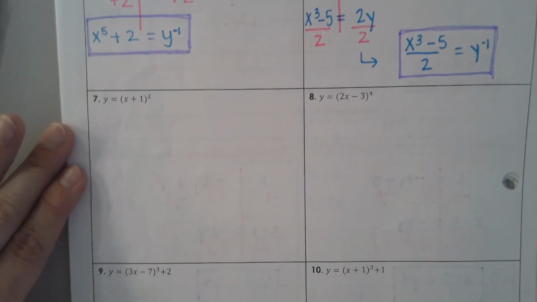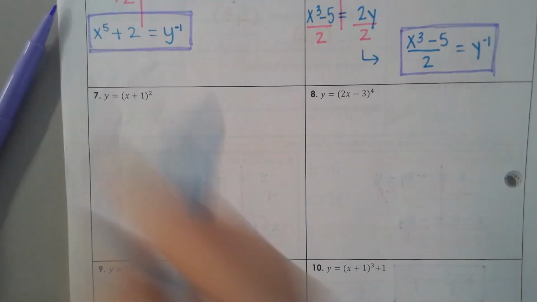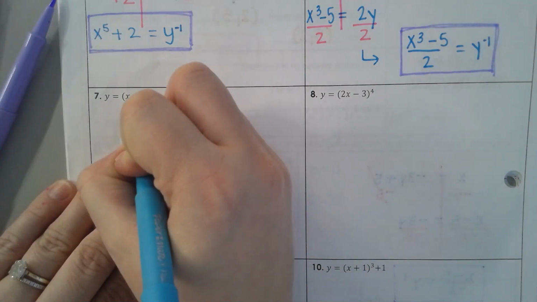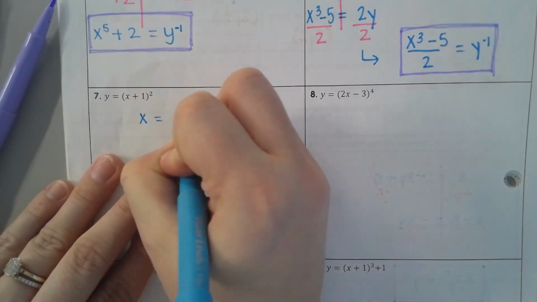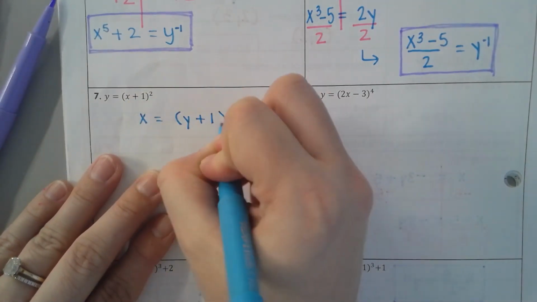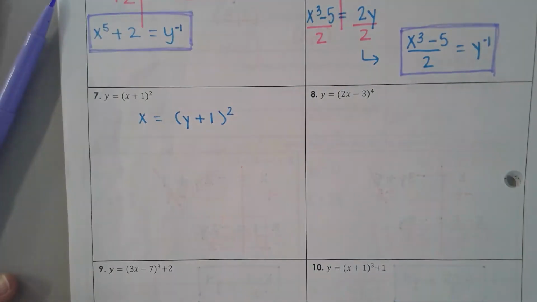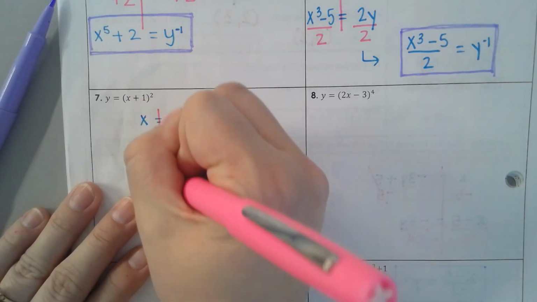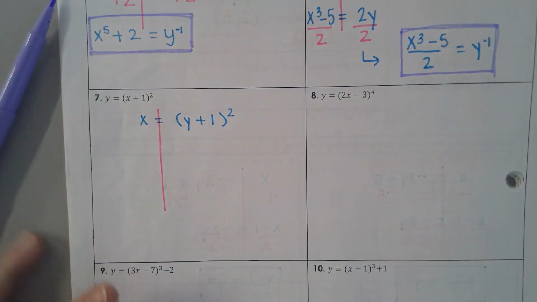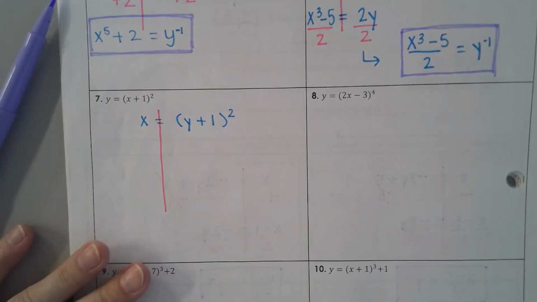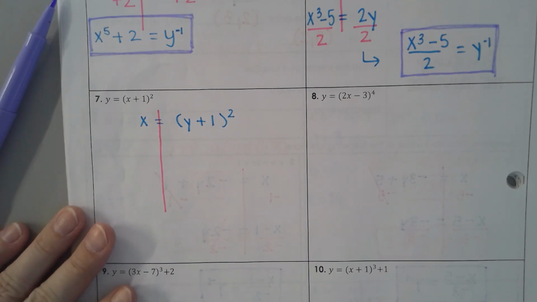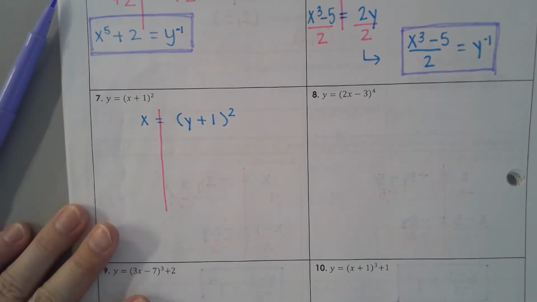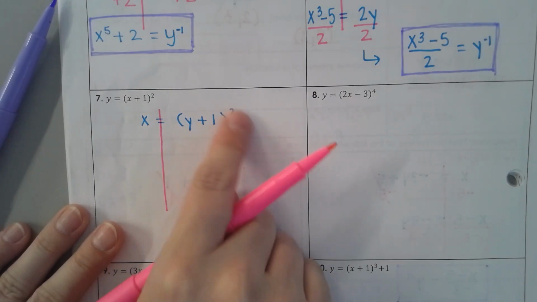Number 7. Switch the x and y. Notice on this one, everything is in the parentheses being squared.